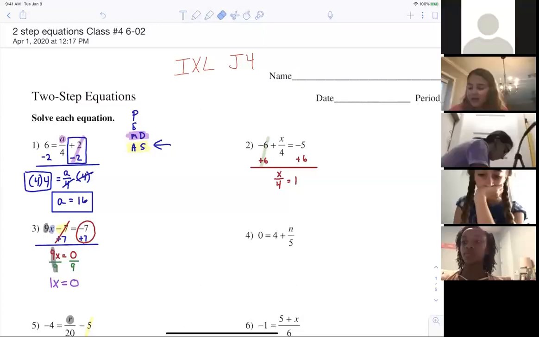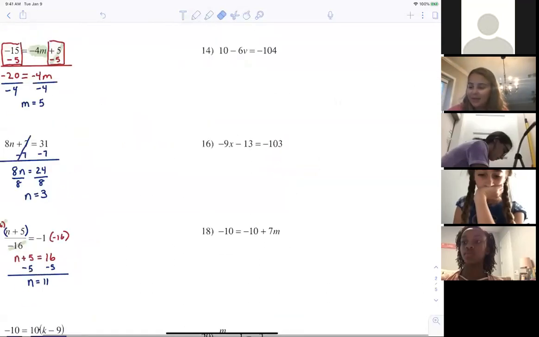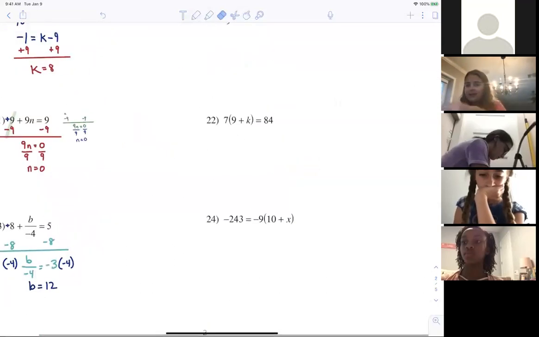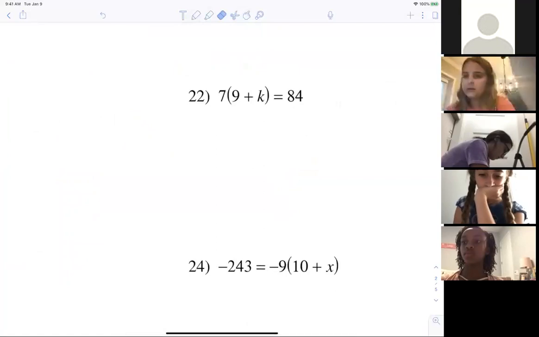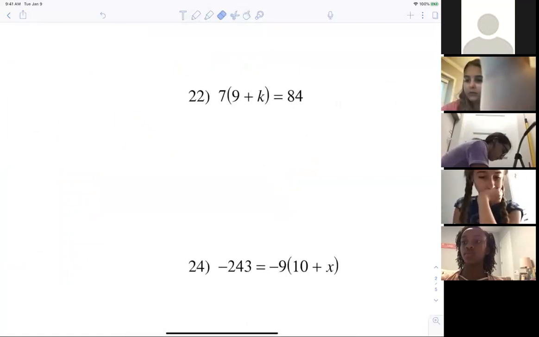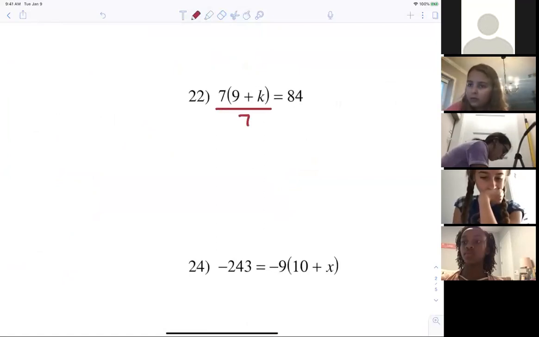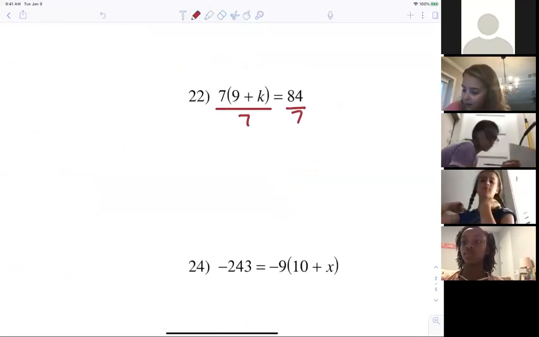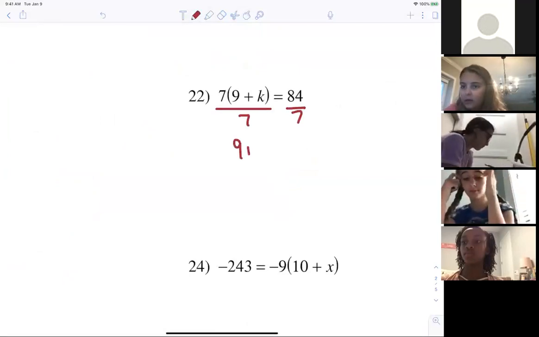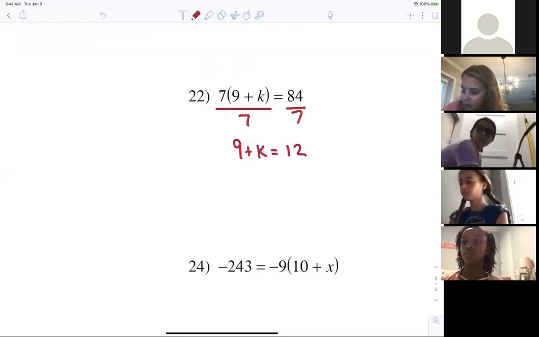Mr. Strauch, please help me with number 22. I know it's very random, but I'm kind of confused. That's all right. Let's look at 22. Basically, what you can do here, Olivia, is to undo this, you can just divide both sides by 7 first. Then that will be 9 plus k equals 12.